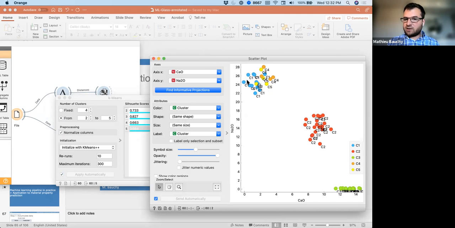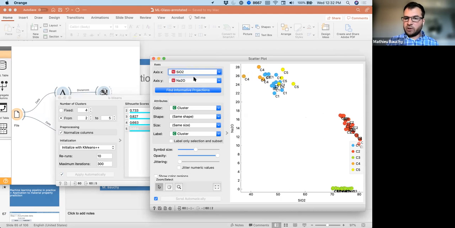When you look at that here, it's not clear why the yellow are grouped together while the orange are grouped together. But remember that this is only one view. We are just looking at Na2O and CaO.